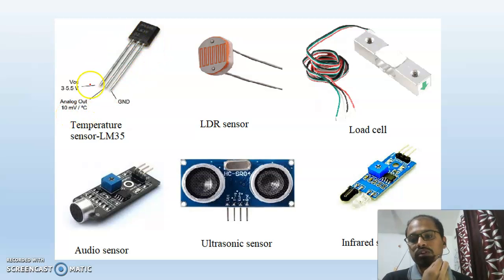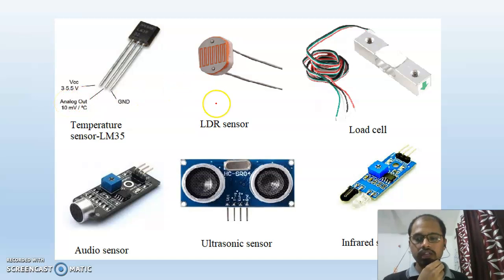So whenever there is a change in the temperature, it changes the analog output signal, which is in millivolt, and that can be directly connected to the analog pin of the Arduino, which actually has an inbuilt analog to digital converter. So it can directly measure from this pin. So we can measure temperature with the help of this sensor. Here the physical quantity is the temperature and the output is a change in the voltage signal.